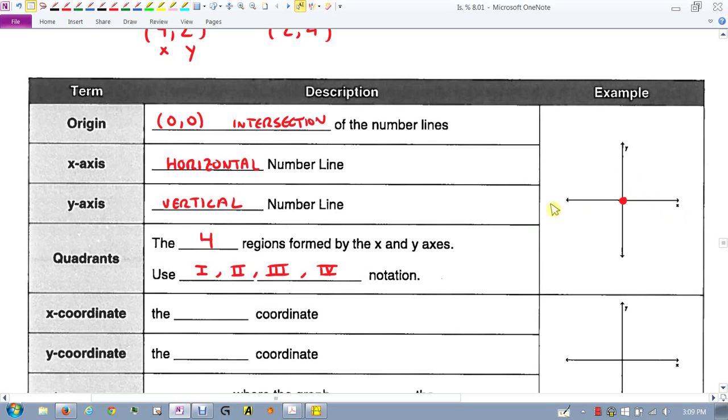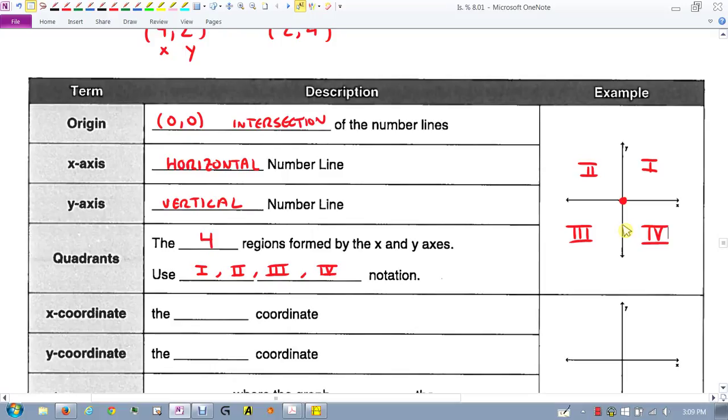Do y'all know which one's 1 and 2 and 3 and 4 here? No? Anyone know what 1 is? Top right. Then 2, top left. And it goes counterclockwise. Why does it go counterclockwise? Just to confuse you, pretty much?